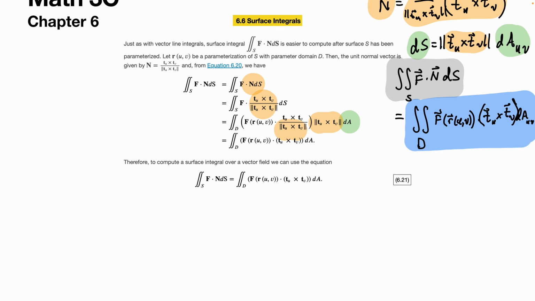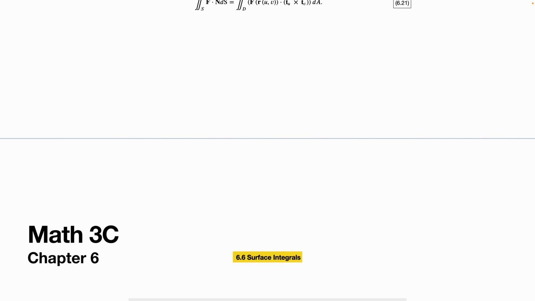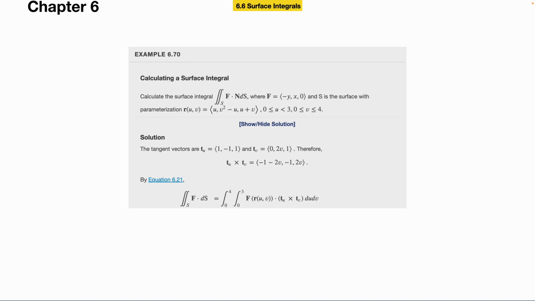All right, so let's do an example. Let's write down the vector field that's given. The vector field is a 3-vector. It takes in the x component, negative y, and the y component, just x. And for the z component, it's fixed at 0.